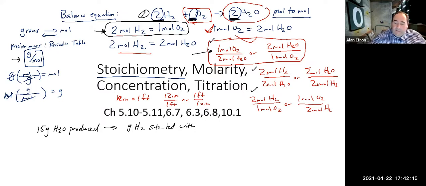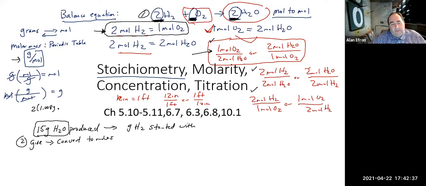The next thing you do in a really basic stoichiometry problem is take whatever they give you and convert it into moles. In this example, we're starting with 15 grams of water. So we use the molar mass from the periodic table: 2 times 1.008 for hydrogen, plus 16 for oxygen, gives us 18.02 grams per mole for water.